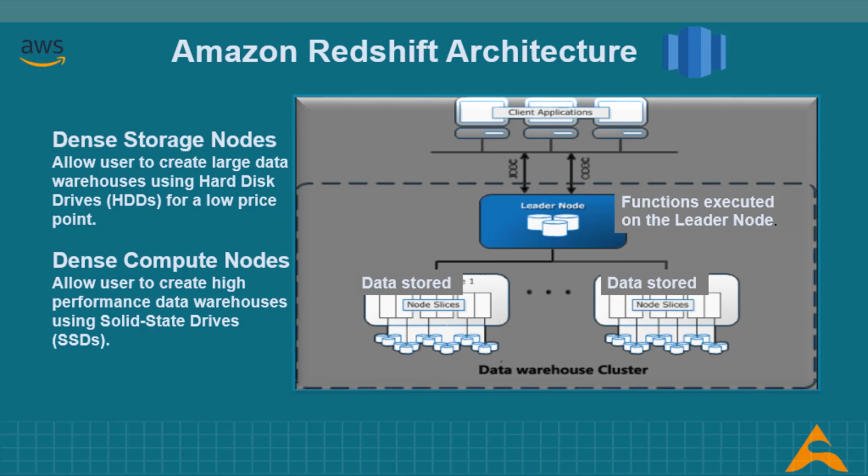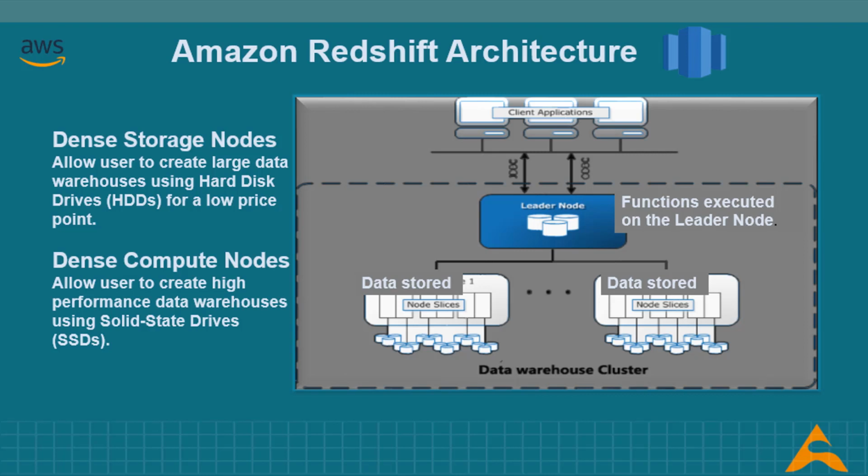So let's understand in detail how the responsibilities are divided among leader and compute nodes. See, node slices. A compute node basically consists of slices. Each slice has a portion of the compute node's memory and disk assigned to it, where it performs query operations, whereas the leader node is responsible for assigning query code and data to a slice for execution.